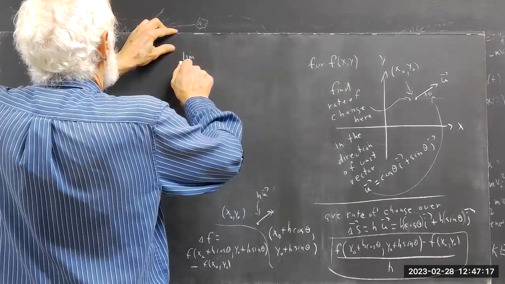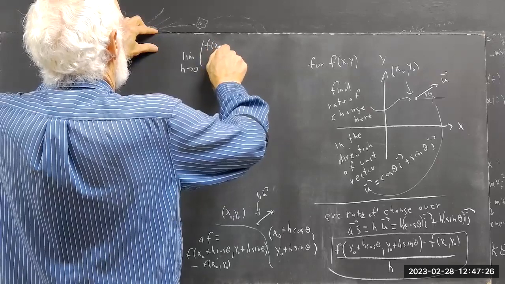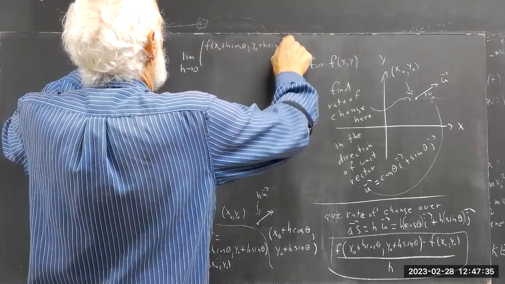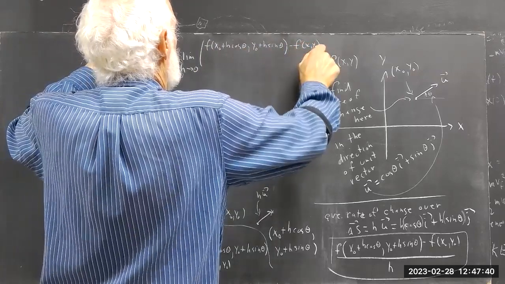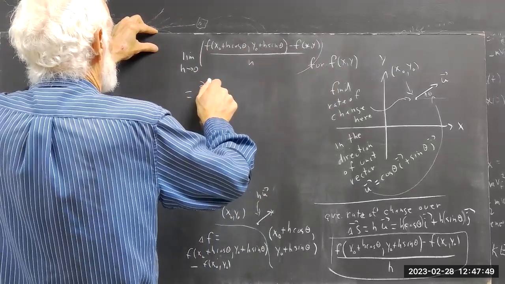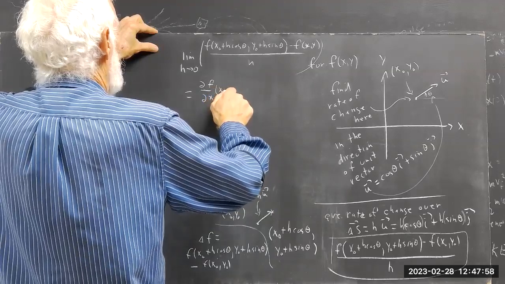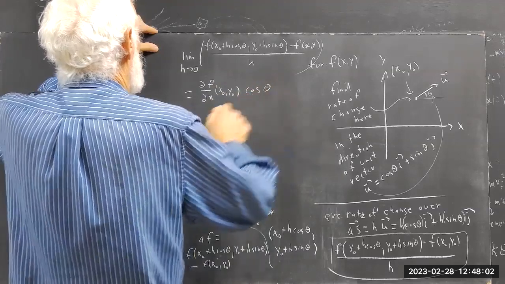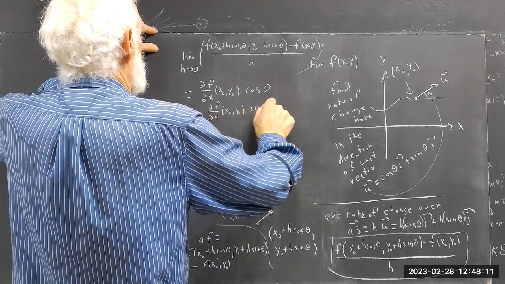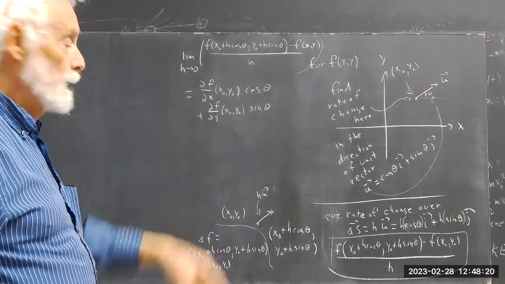Turns out that the limit as H approaches zero of the difference quotient is just this combination of partial derivatives times cosine theta and sine theta.